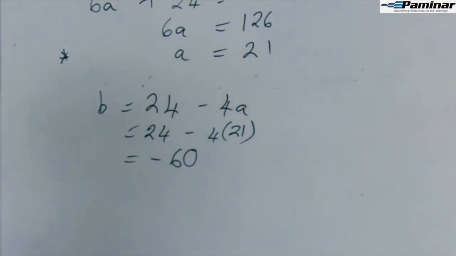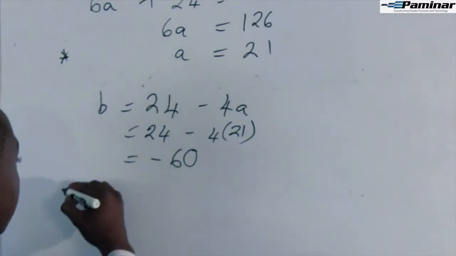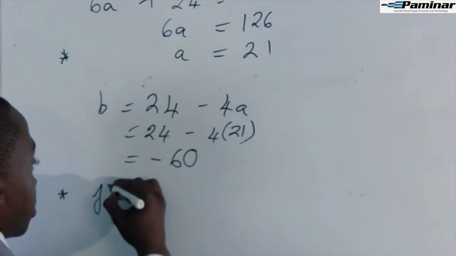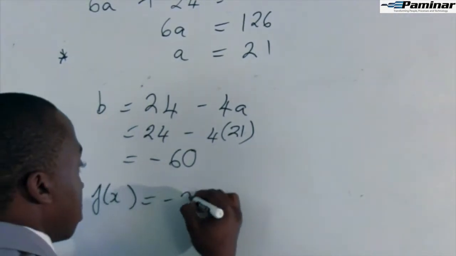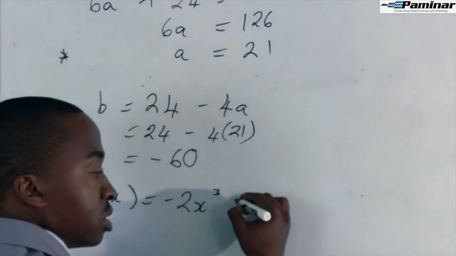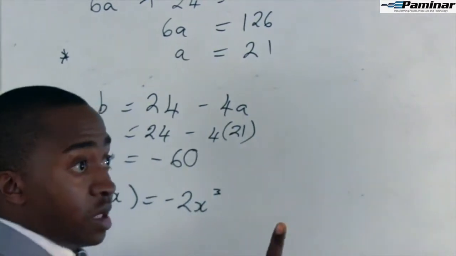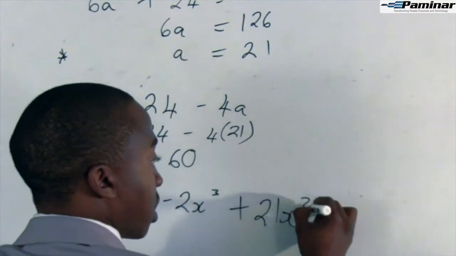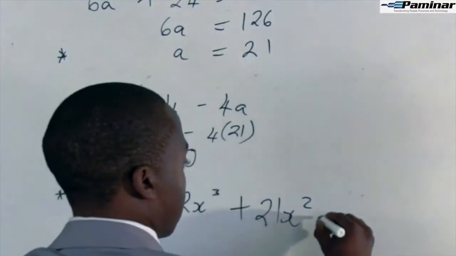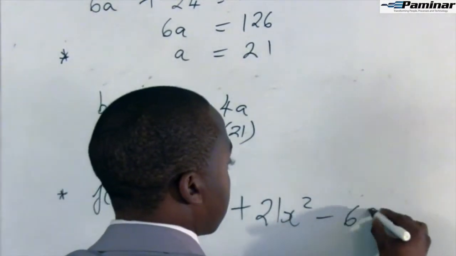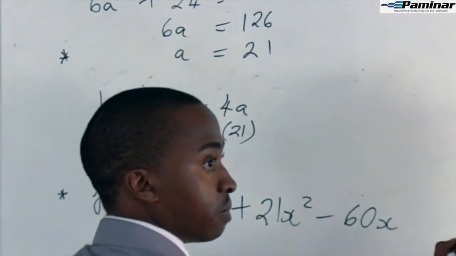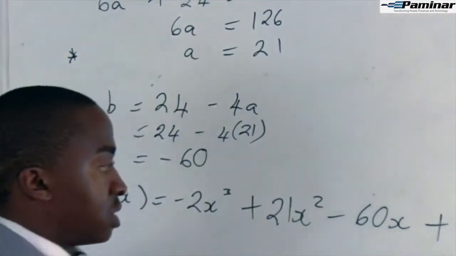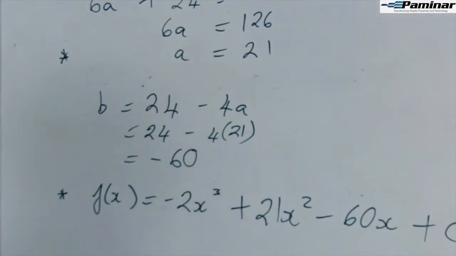Okay, and now we just need to show the last part, that c is equal to 43. From our original equation, f of x is equal to minus 2x cubed plus ax squared plus bx plus c, a we now know, so it becomes 21x squared, and b we now know is minus 60x, plus c. c is the only one we don't know now.